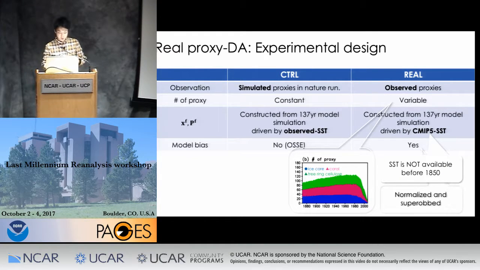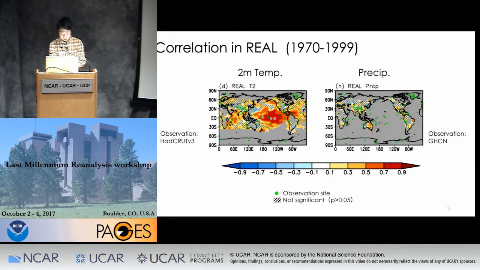And if you want to assimilate real proxy data, there always exists bias, as the other people pointed out. So I first normalized data, and then I super-obbed the data, which means that I regridded observation data to fit the atmospheric model grid. Okay, so this is the result.